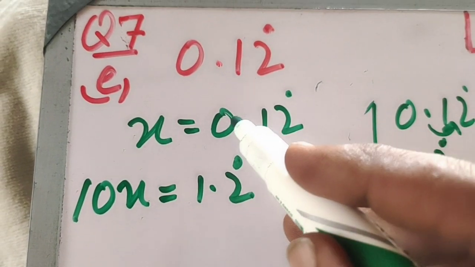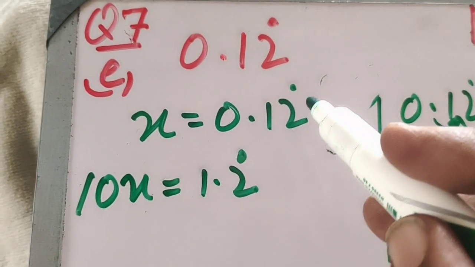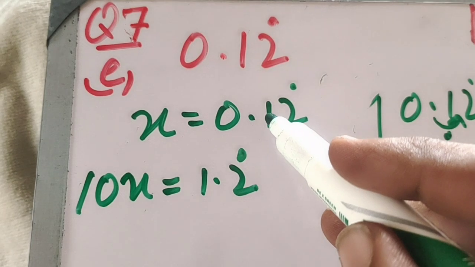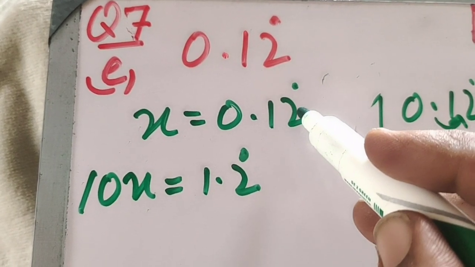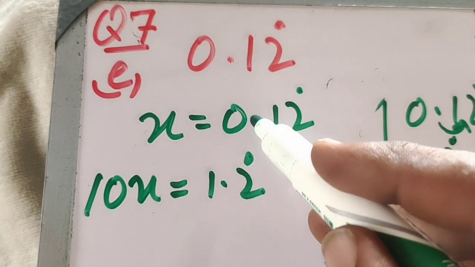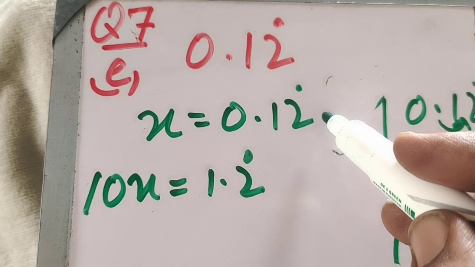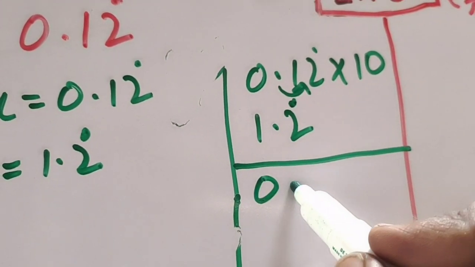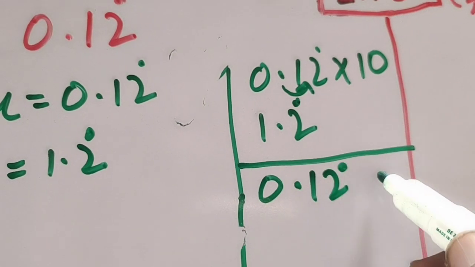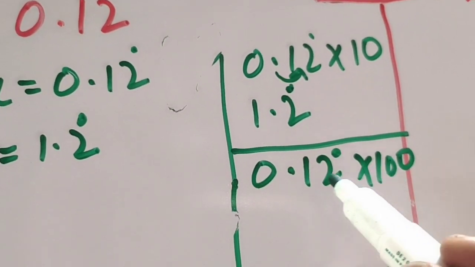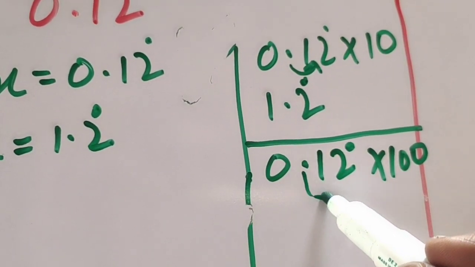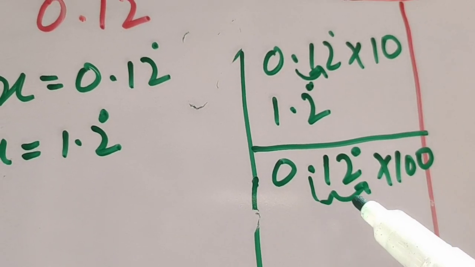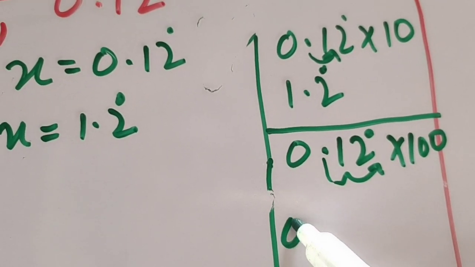So we are going to multiply the equation now by 100, because we have to move both of these digits to the wholes and the decimal will move 2 places right. So we need to multiply 0.12 dot by 100.